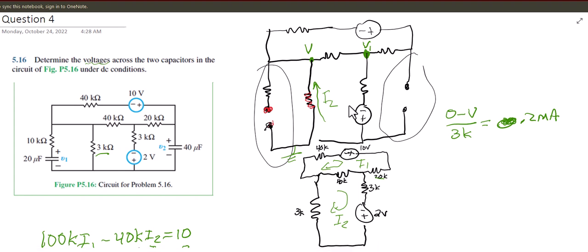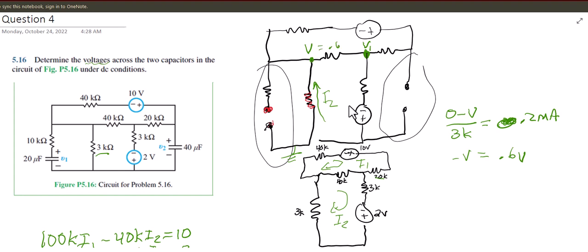A kilo times a milli cancels each other out, so I multiply both sides by 3K, I get minus V equals 0.6 volts. Yes, that's right. So this is minus 0.6.